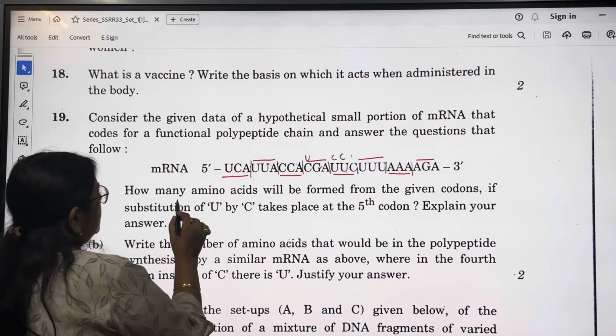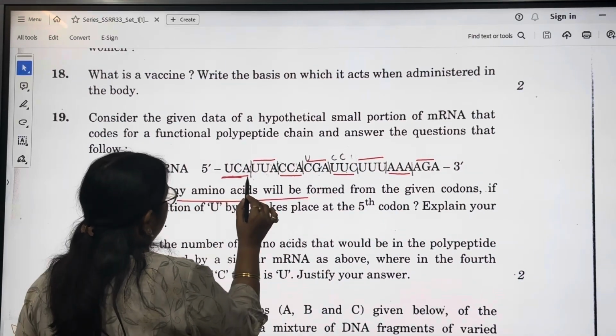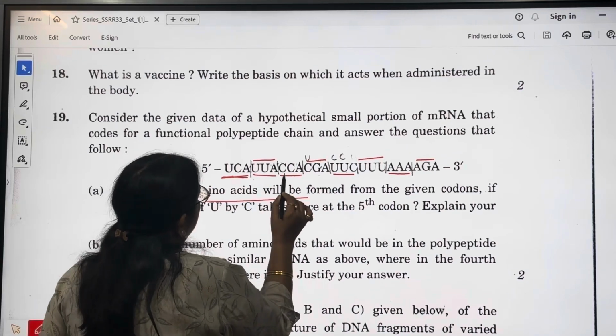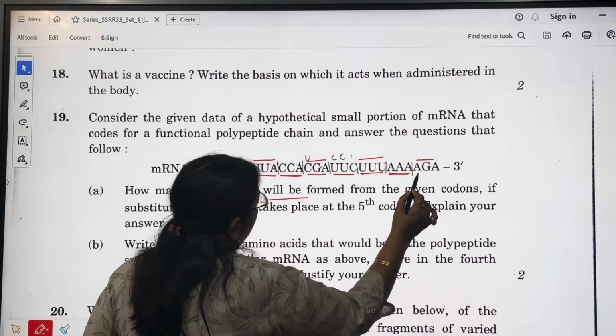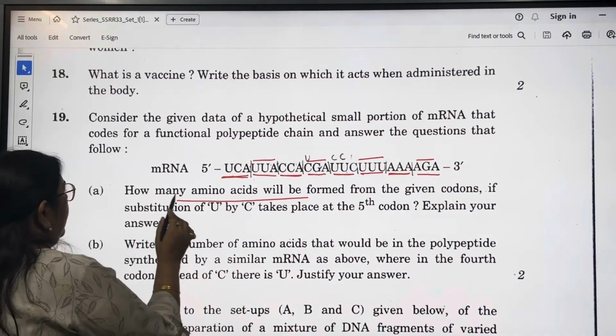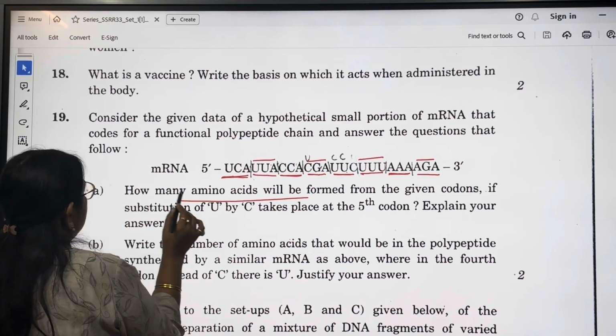How many amino acids will be formed from the given codon? As you can see in this mRNA, this is the first triplet, second, third, fourth, fifth, sixth, seventh and eighth. So 8 amino acids will be formed from the given codon.